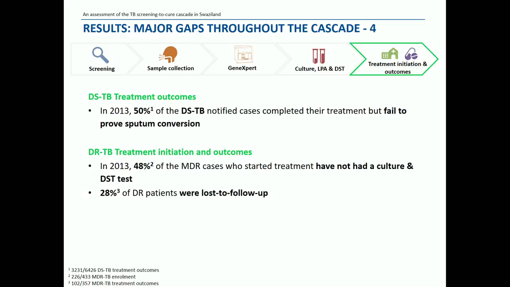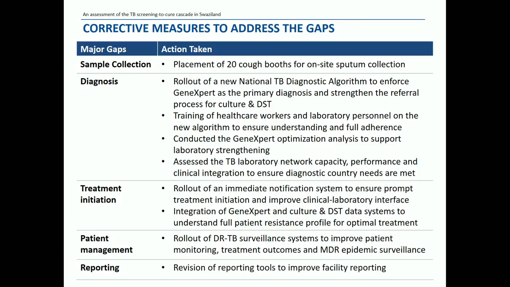So we had a lot of patients who were initiated based simply on their GeneXpert results, or on rifampicin resistance, and no culture and DST results available for them. And this could have contributed to the high loss to follow-up we identified at the time.